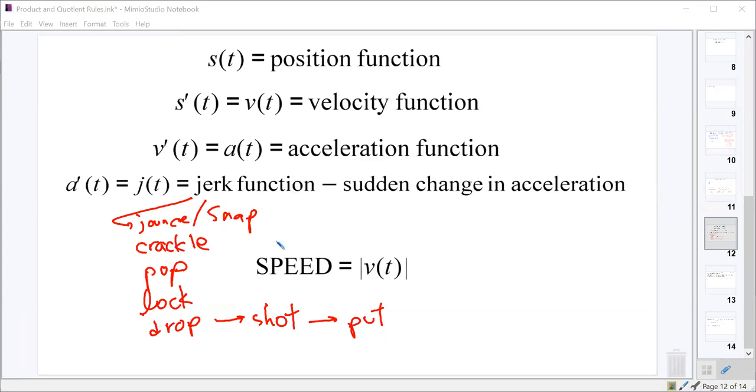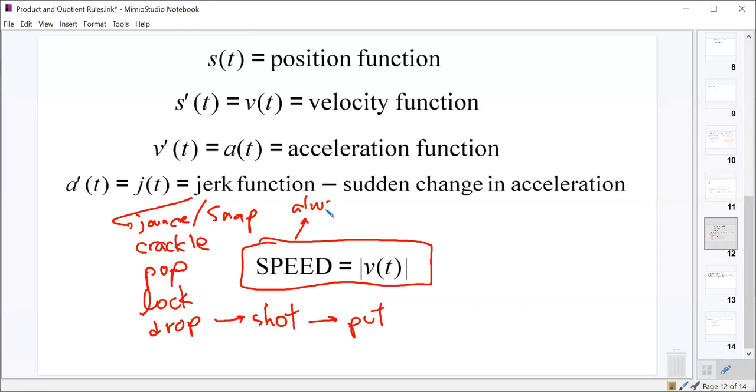The last piece on here that is actually very important is speed and velocity, and the relationship between speed and velocity. So speed is the absolute value of velocity, which tells us that speed is always greater than or equal to 0, which means it has no direction to it.